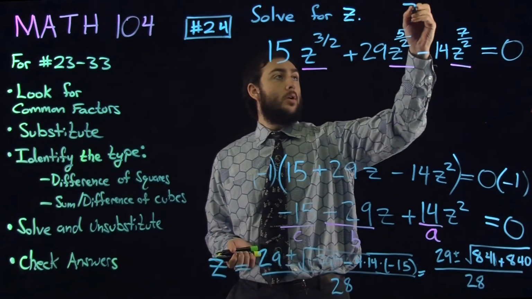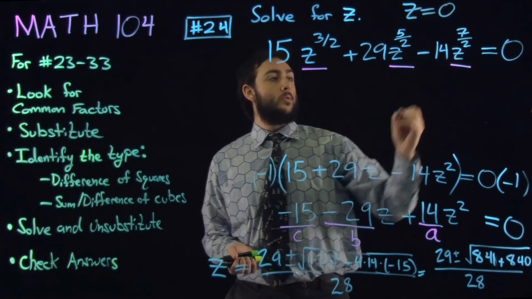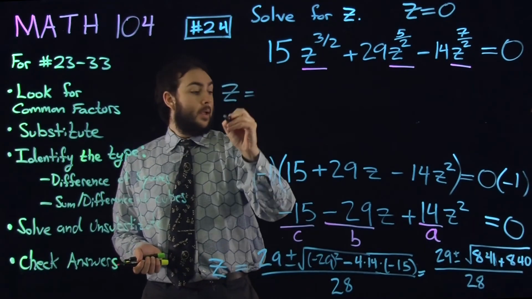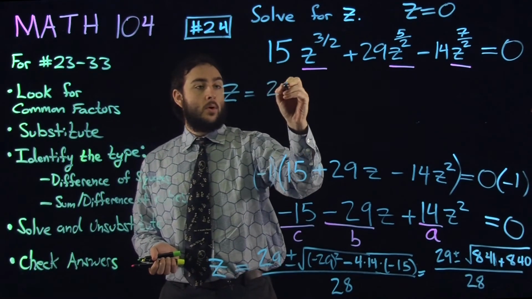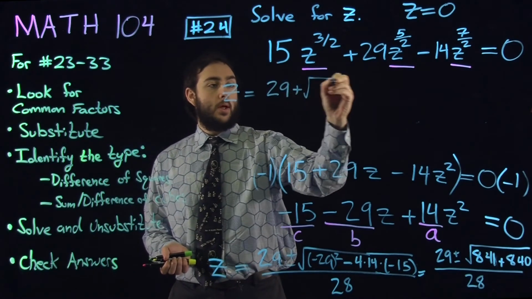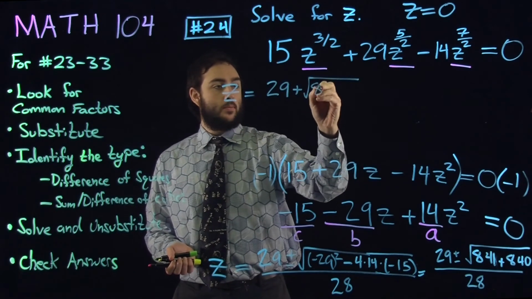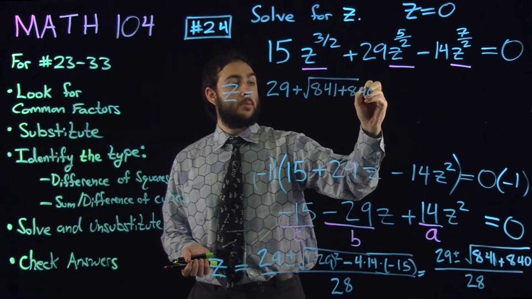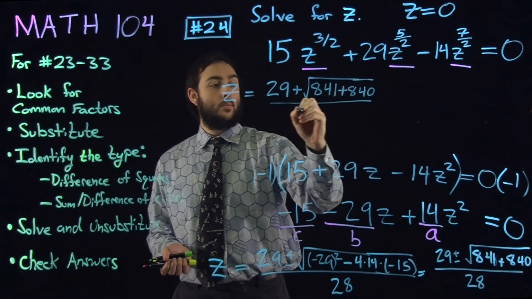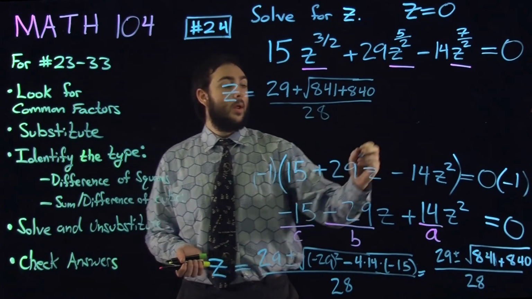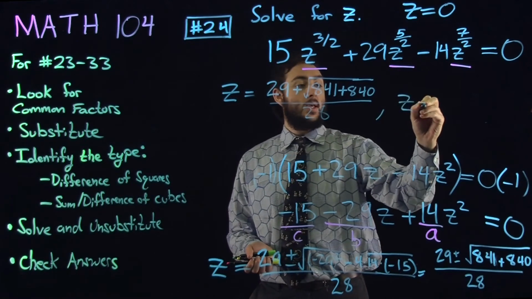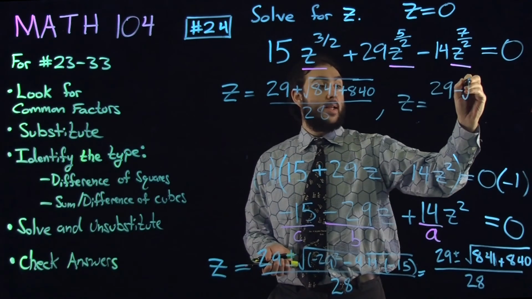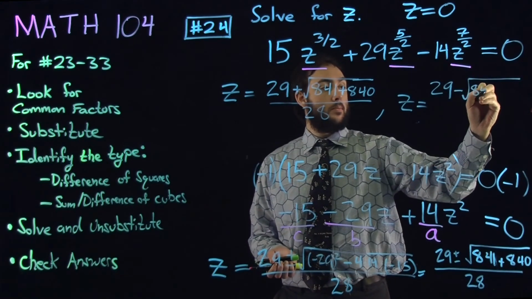So in addition to our z equals 0 solution we had earlier, we're also going to get z is 29 plus this term, and we don't need to do any more arithmetic at this point, as well as z equals 29 minus the square root term.